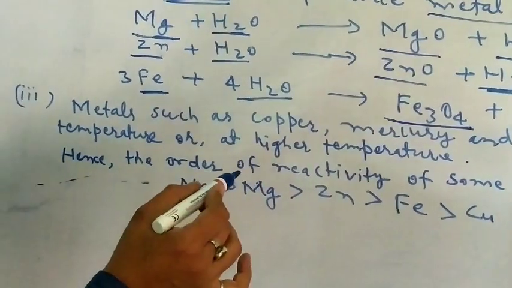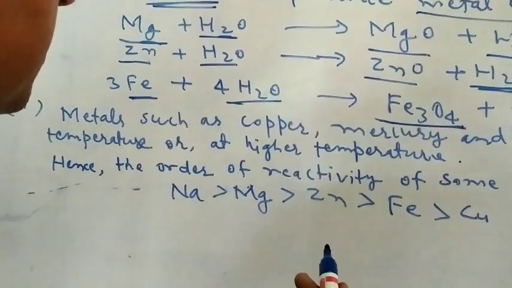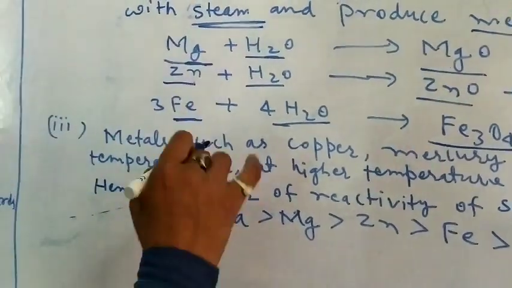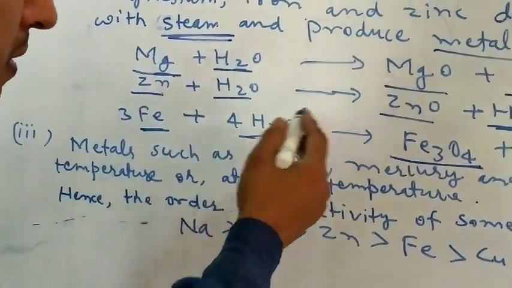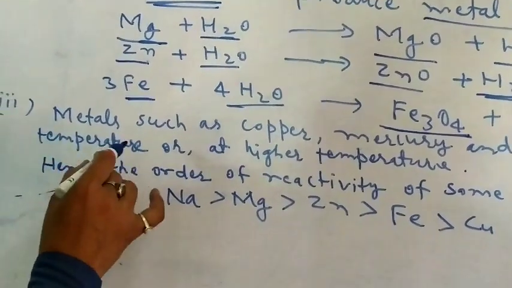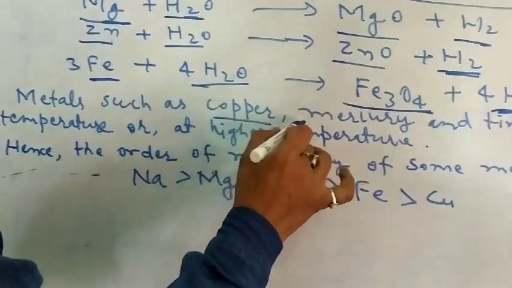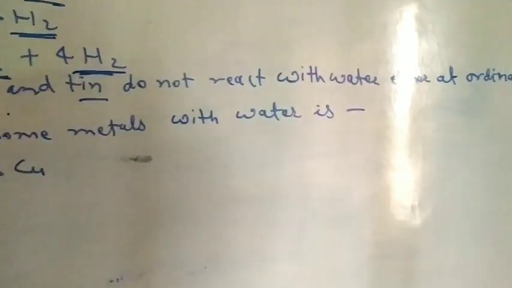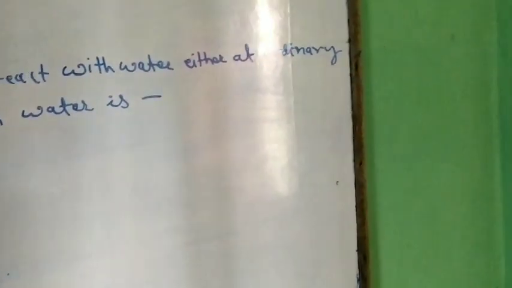So we see that some metals react vigorously with cold water, some metals react with steam less vigorously, and some metals such as copper, mercury and tin do not react with water either at ordinary or at higher temperature.